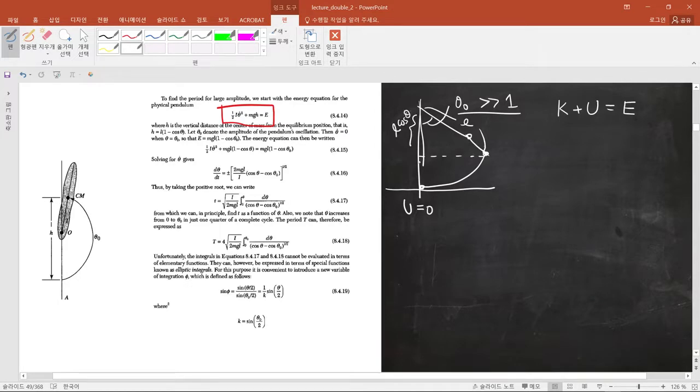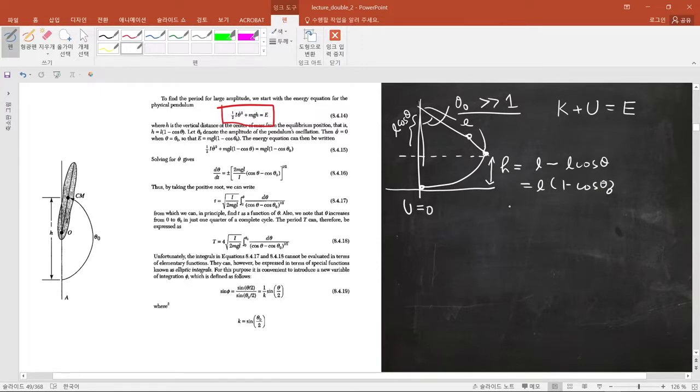This is theta. Therefore, the initial energy, the H, is equal to L minus L cosine theta, which is equal to L times 1 minus cosine theta 0.